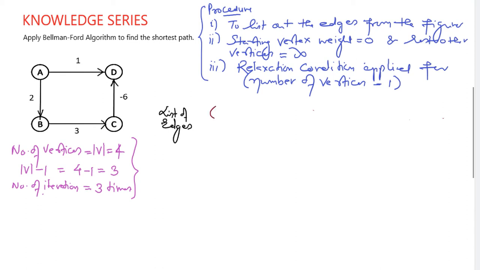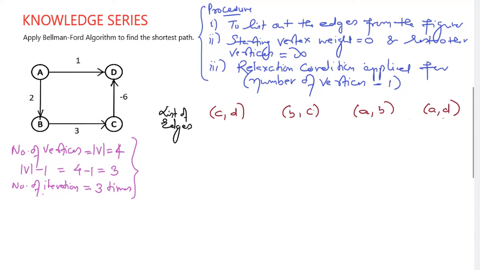Let us start with CD, then BC, then AB, then AD. Let us put this one and see how we go further.